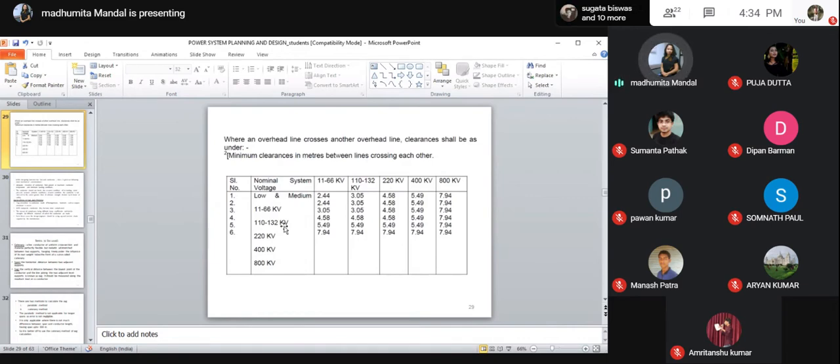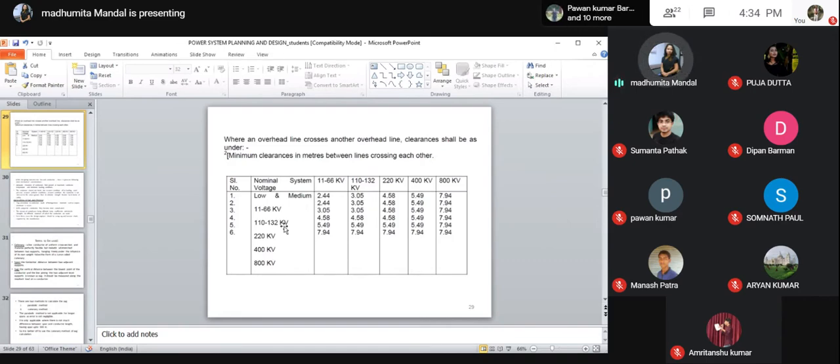Okay, so in this case, it should not be less than 1.219 meter up to 11 kV and 1.829 meter from 11 to 33 kV.